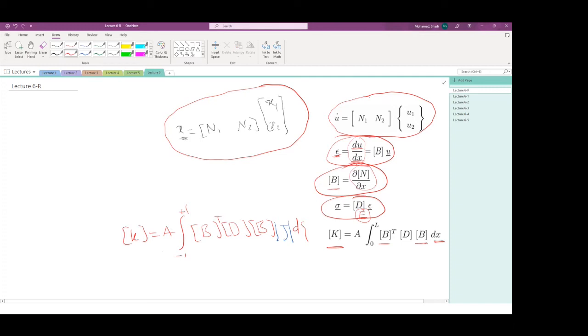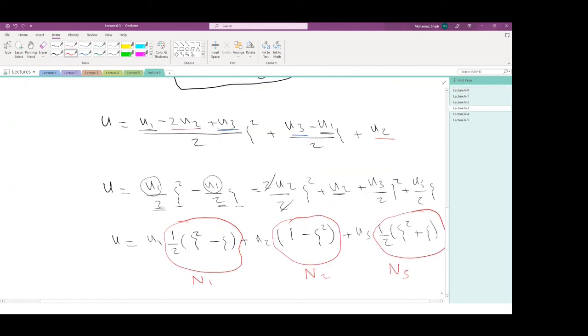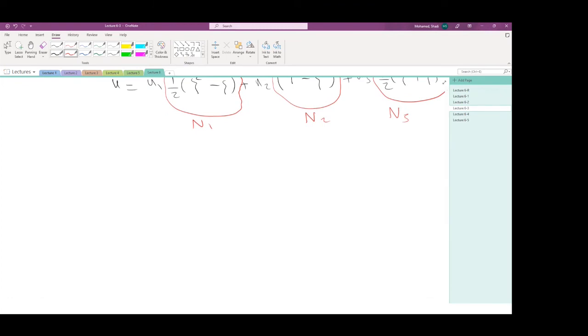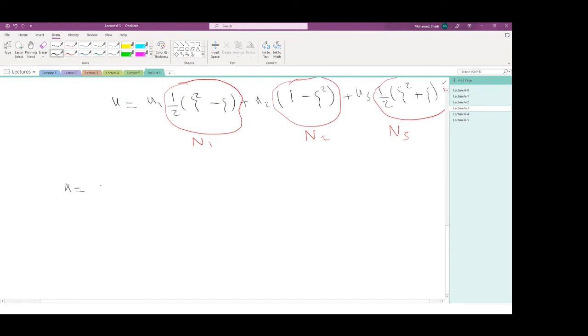The expression for the displacement is now going to look like this: U is equal to, in matrix form, half xi squared minus xi, and then 1 minus xi squared, and then the third entry is half xi squared plus xi, multiplied by u1, u2, and u3.